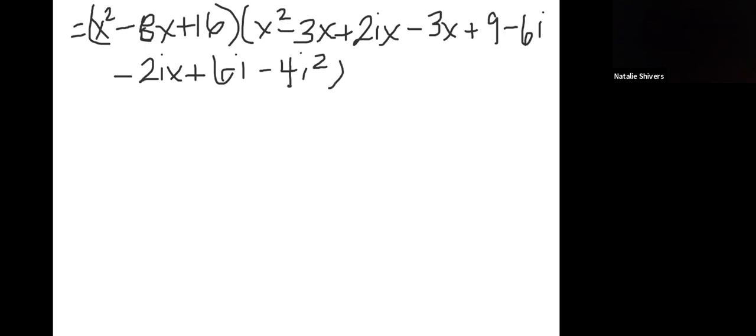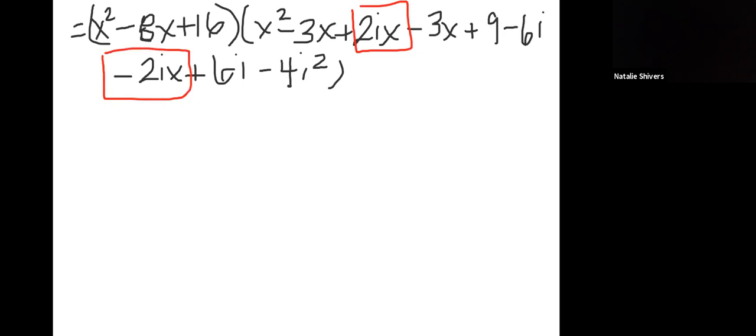All right. So what I need to do next is simplify the back parentheses. The front one's already fine for now. So what I need to do here is combine like terms. Some of the things that always happen on this problem in the back parentheses are the two ix's always cancel.